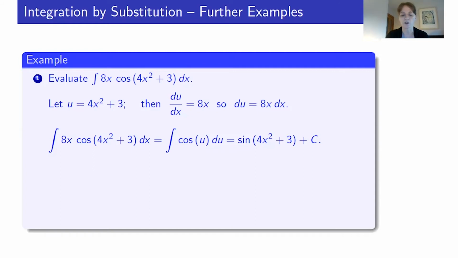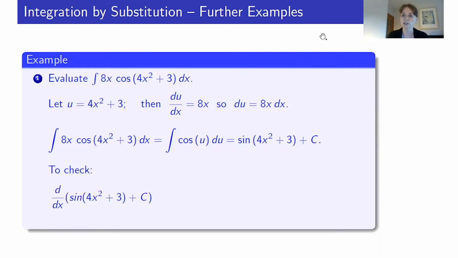Here we've just rewritten the final answer in terms of x. What we really got was sine of u plus a constant, and we just substituted 4x squared plus 3 back in instead of u.